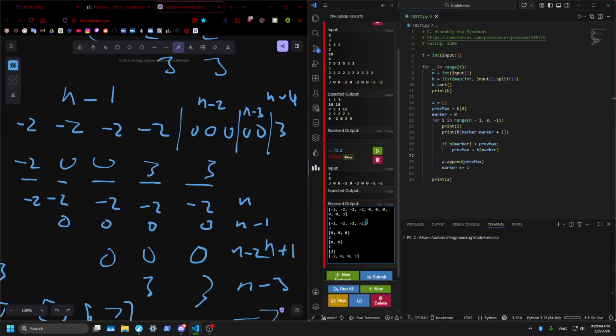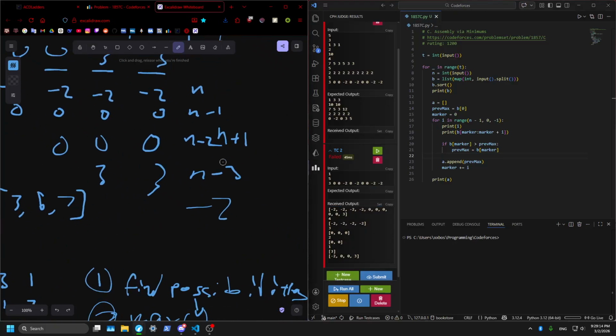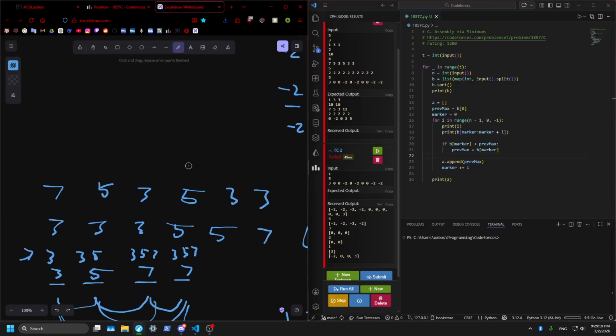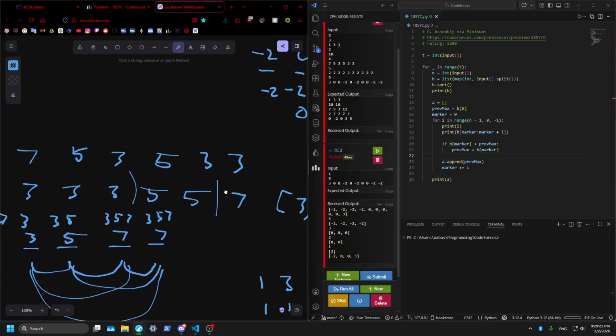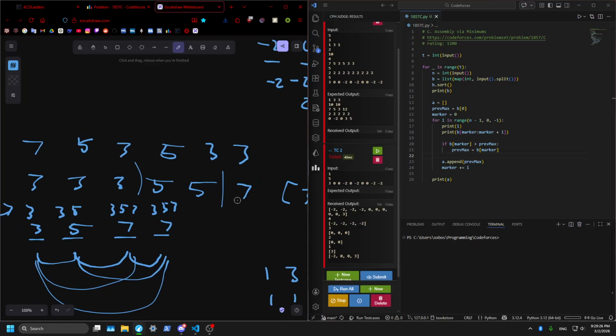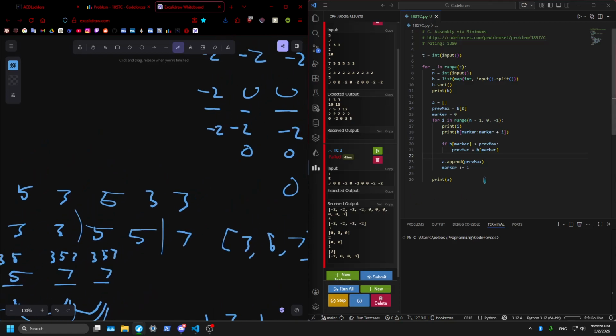Why do we go through? We append -2, we append 0, 0, 3. Okay, I need to double check my work again. So this would append 3, 5, 7, and then at the end we a dot append prev max one more time.